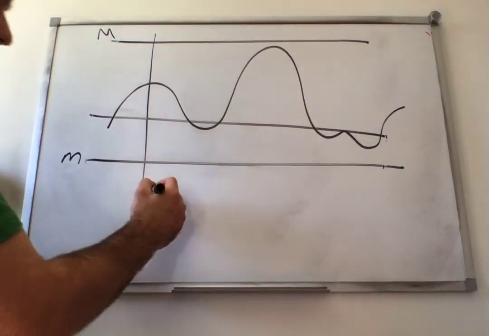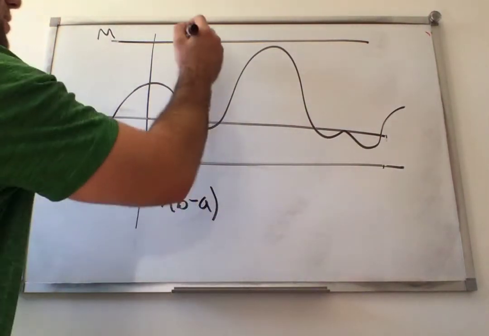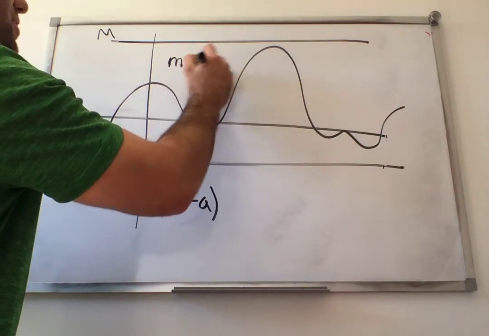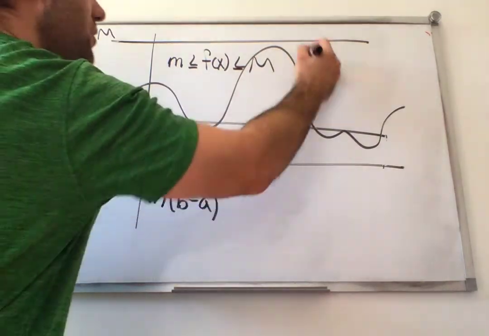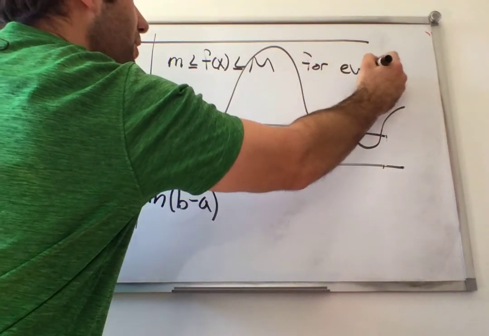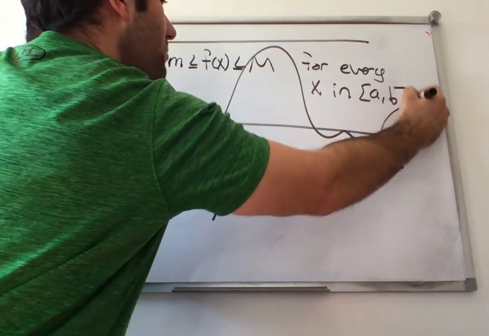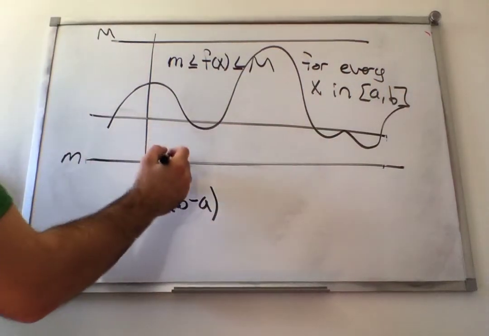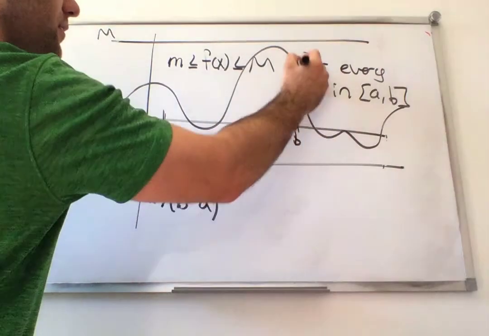And that's all that's saying: m is less than or equal to f of x, which is less than or equal to big M, for every x in our interval a to b. So we pick somewhere a, we pick another spot b.